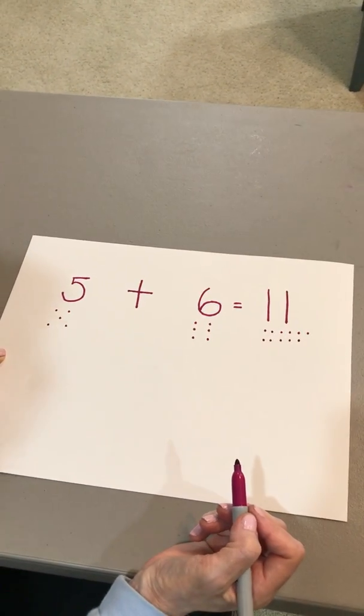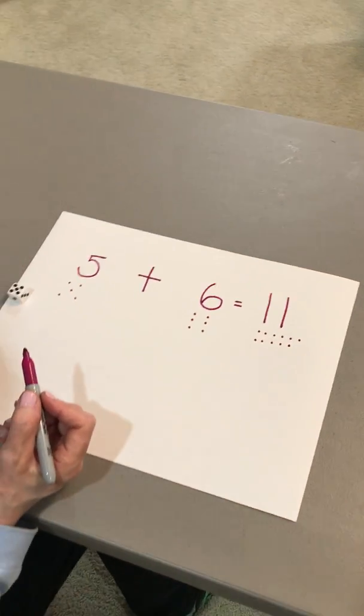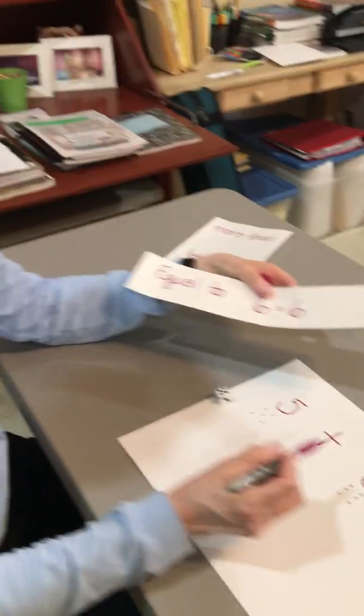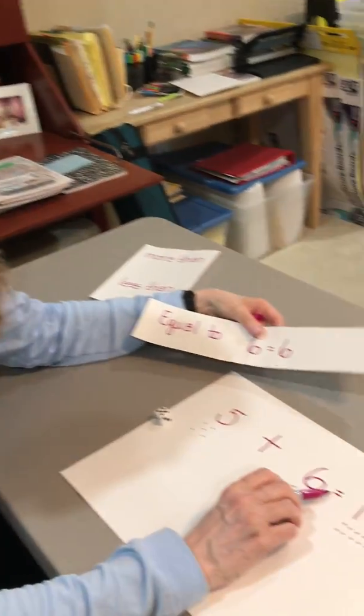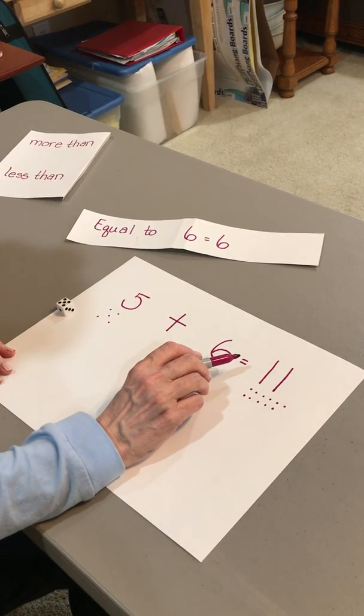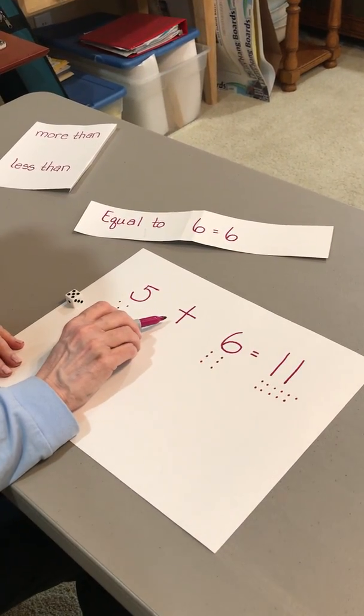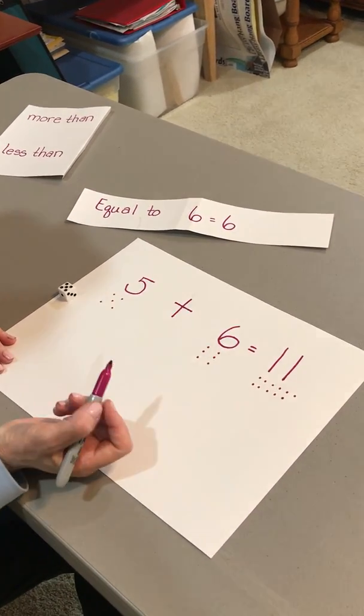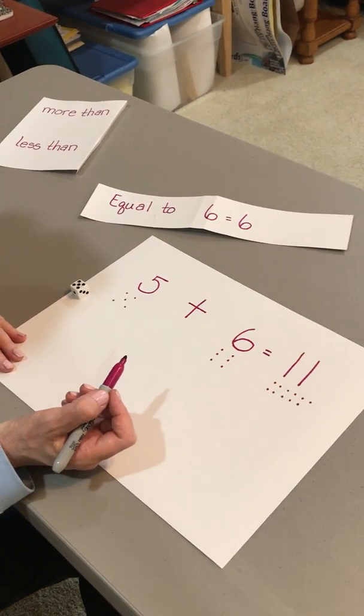There you go. All right, and the last thing we'll focus on is equal to. Now you noticed I had an equal sign there. And we use equals in a lot of our math problems when we're doing addition. But we can also use it when it means the same.